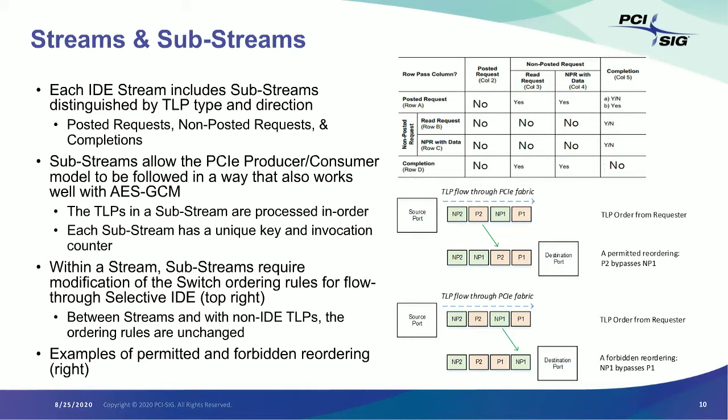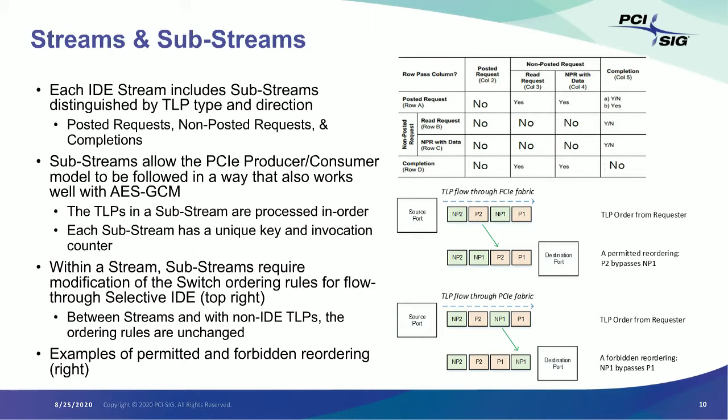And what you can see we have done in the table, and this applies only to IDE streams passing through a switch, is we require that the yes-no entries are simply treated as no. So what this allows is, of course, we still have to support certain bypassings because they're required for deadlock avoidance.